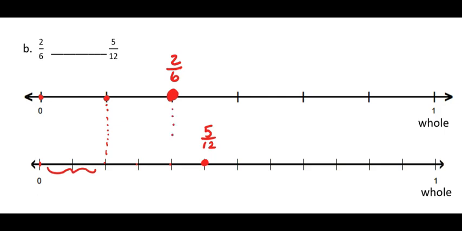So since I have 2 sixths, that was the same as 4 twelfths, but then my second fraction actually is 5 twelfths. That shows me how 5 twelfths is a bigger fraction. That means that 2 sixths is less than 5 twelfths.